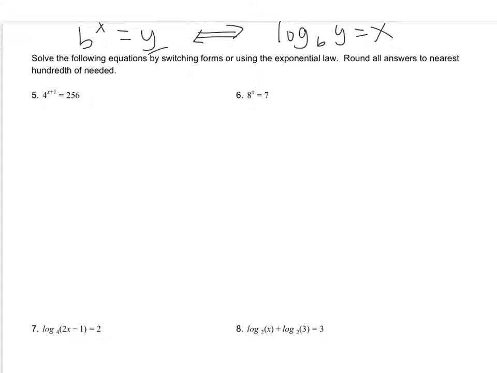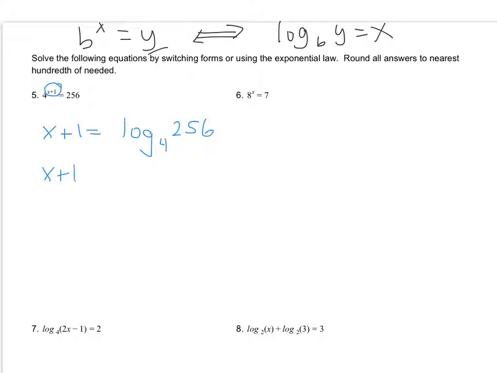So if I look at this first problem, 4 to the x plus 1 equal 256, it's an exponential, so I can turn it to log. Whatever is the exponent will go by itself, so that's x plus 1 in this case. And this would be log base 4 of 256.